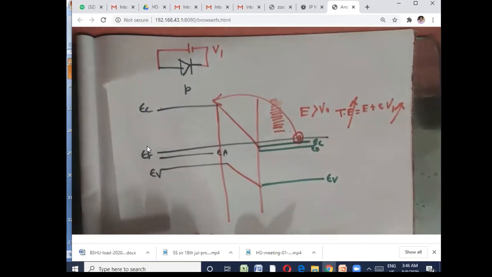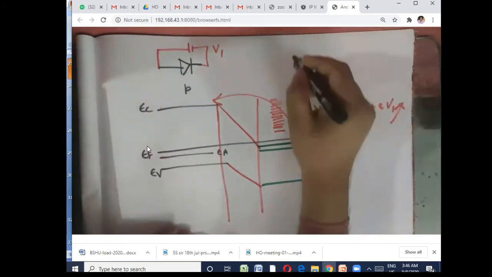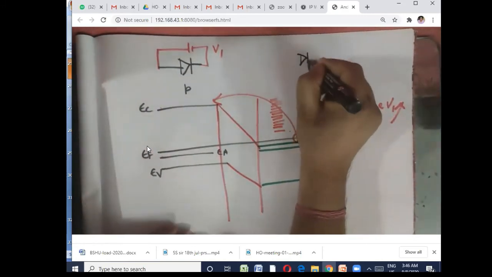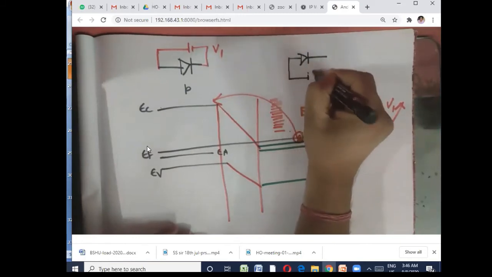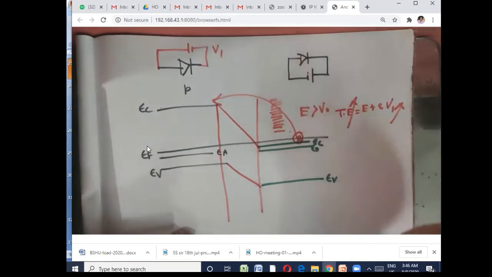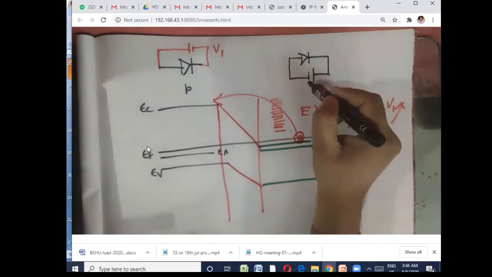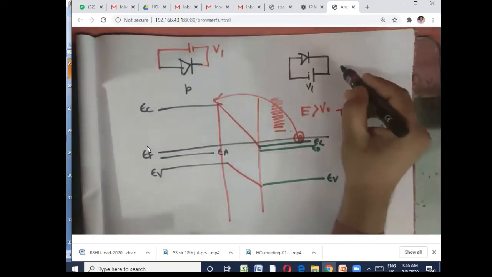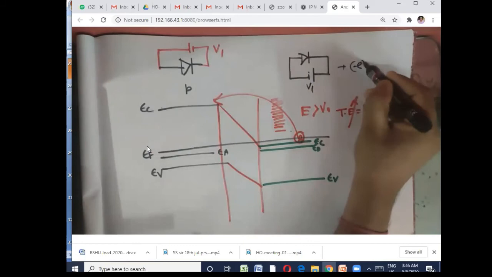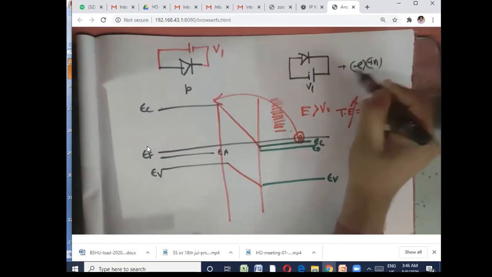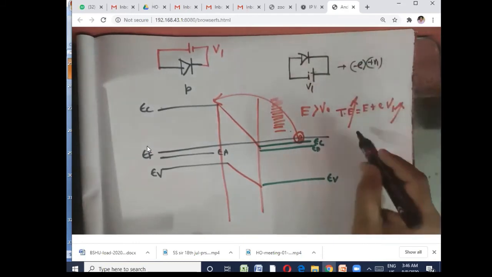Now I'll talk about the reverse bias condition. Reverse bias diode means this circuit. If you apply voltage V1 here, the energy experienced by an electron is minus E into plus V1, because now it is connected with the positive polarity of the battery.